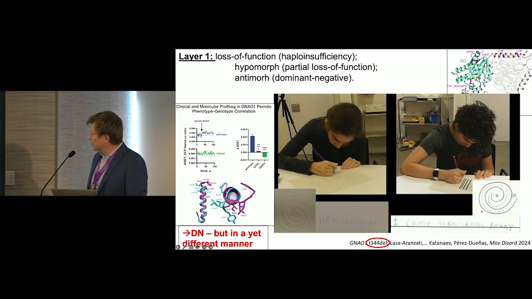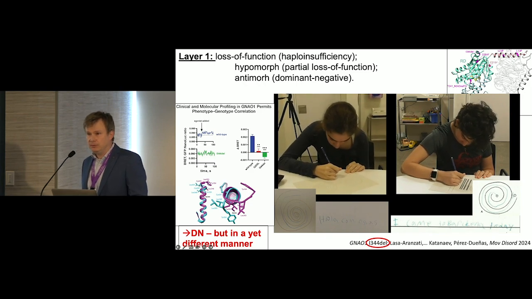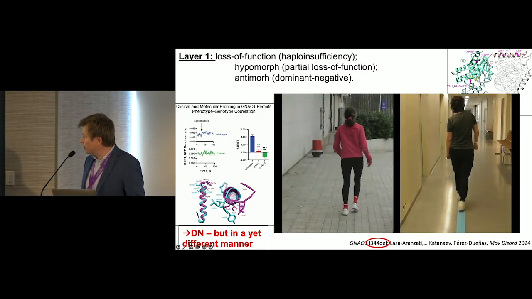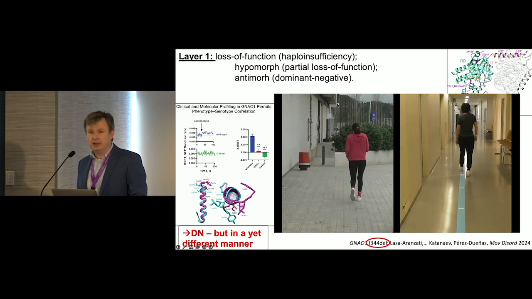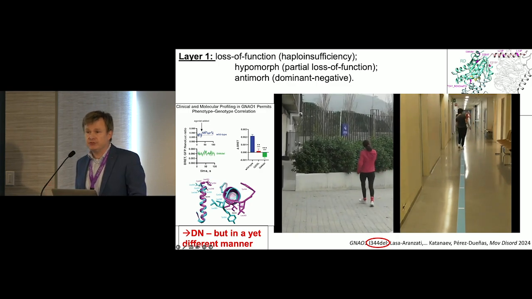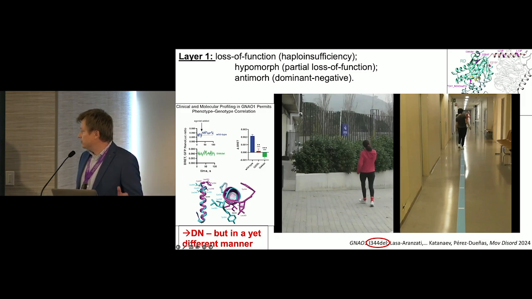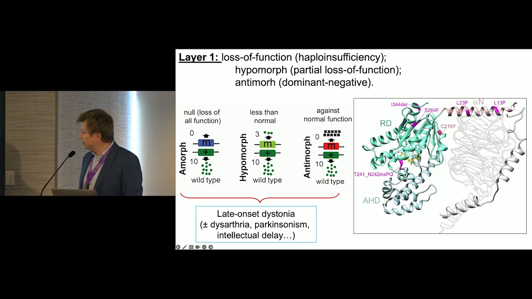What happens with this mutation is that the variants are fine in all measurable aspects, except they lose the capacity to couple to GPCRs. This is because the C-terminus of G-alpha O is important for the interaction with the GPCRs. When this deletion occurs, there is no coupling anymore. And in this regard, this is again a dominant negative mutation, but in its own manner.